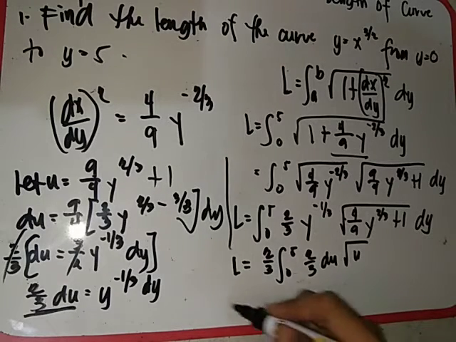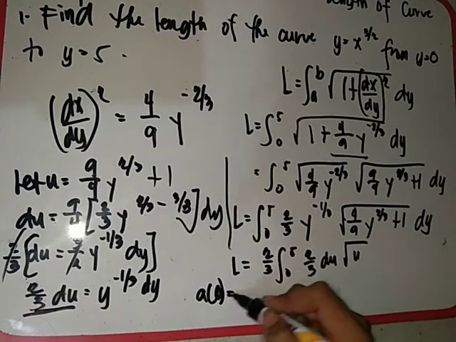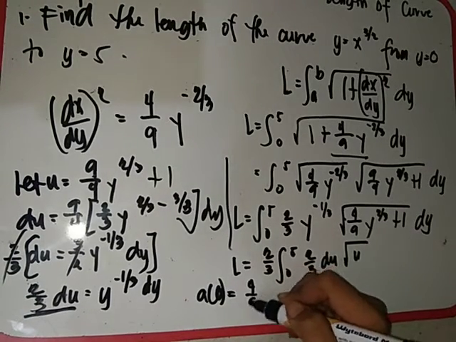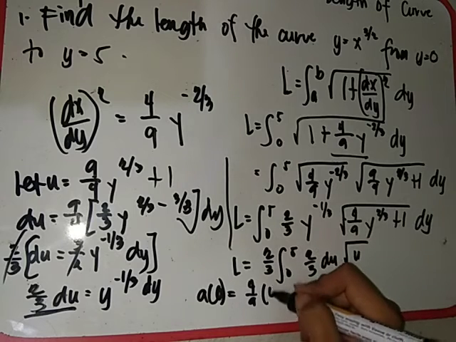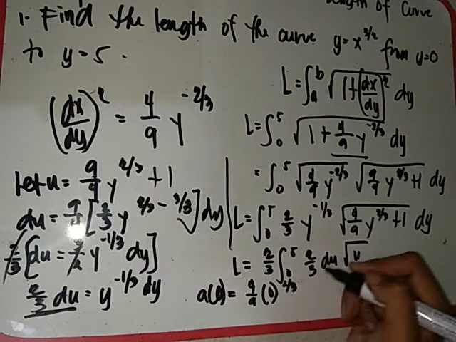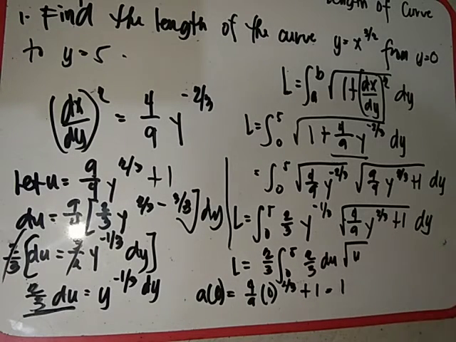So we have a is equal to 4 over 9 multiplied by 0 raised to 2/3 plus 1 is equal to 1.